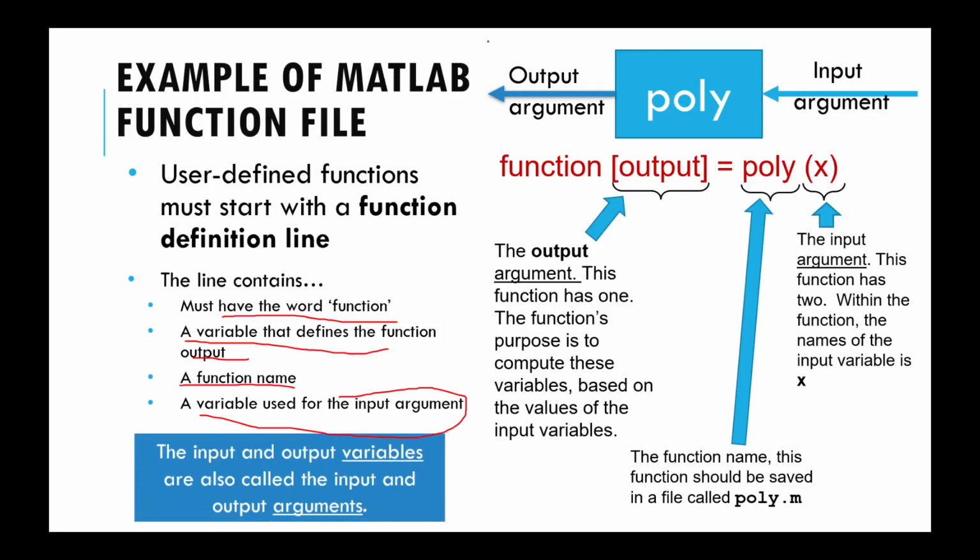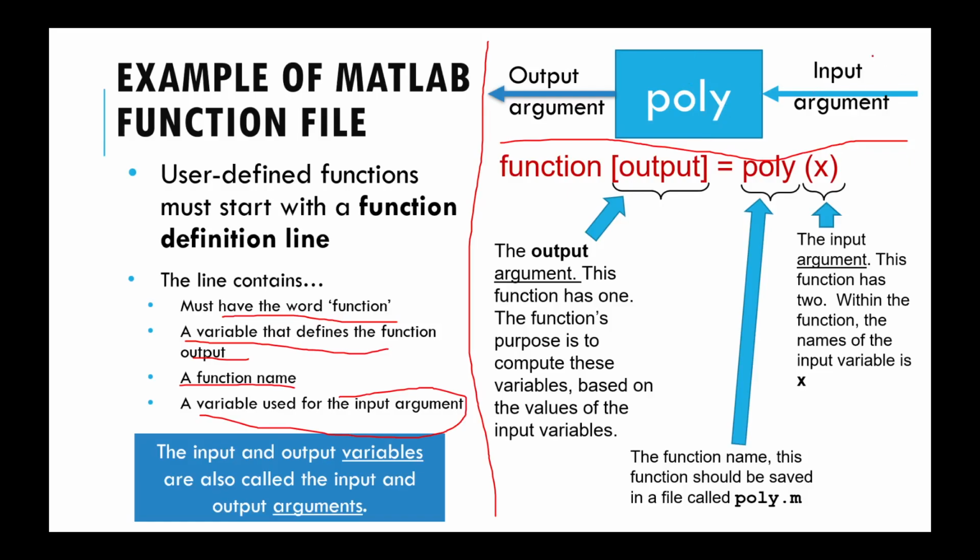Okay, on the right part of these slides, you can look at this example. This is an example of a poly function. This is how we represent this poly function in a diagram. The blue box is the function poly.